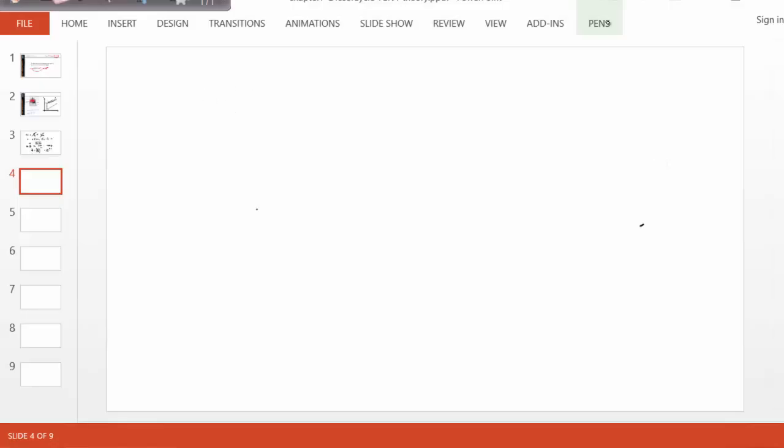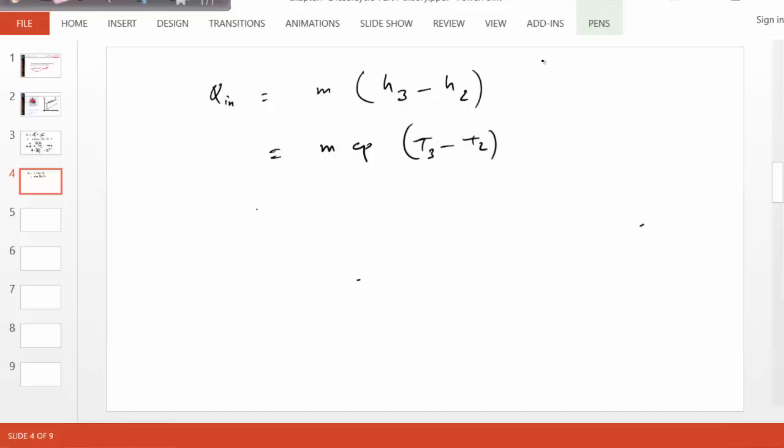if you recall, we have done that before in our chapter 5 review. We have shown that Q in will be m(h3 minus h2), which is m cp (T3 minus T2). This formula comes about from the fact that delta U equals Q minus W boundary, and in this case, as heat is added, there is boundary work done.